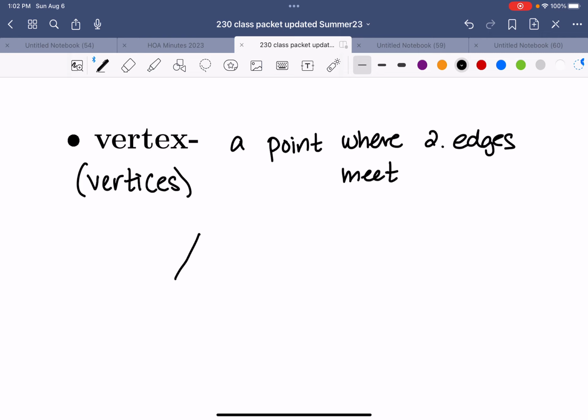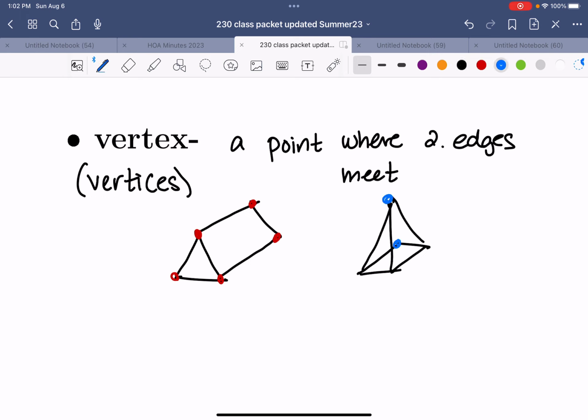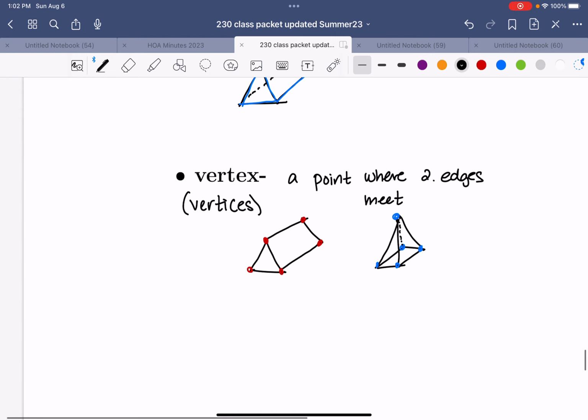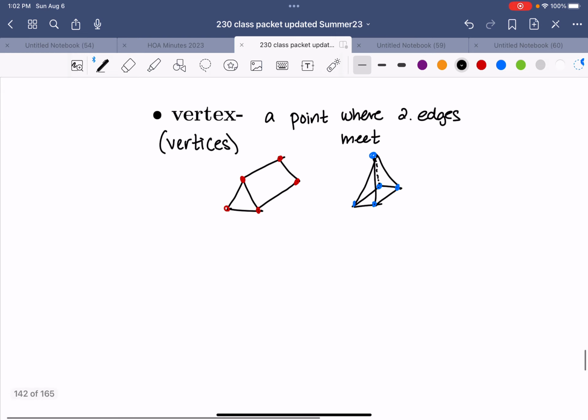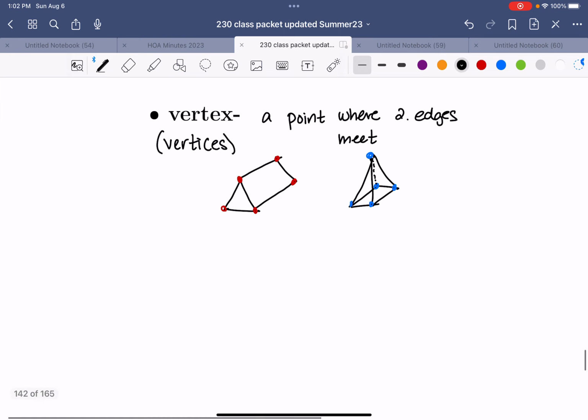So if I go back to that triangular prism, then each of these dots are vertices. Same thing on my square pyramid. Each of these are vertices. Oh, I think I missed an edge. There we go. Okay, and those are all the pieces of our three-dimensional solids.